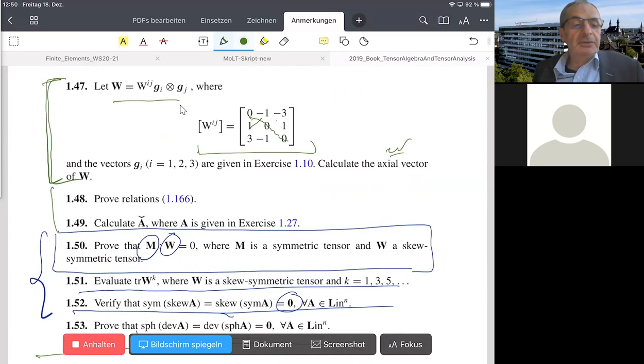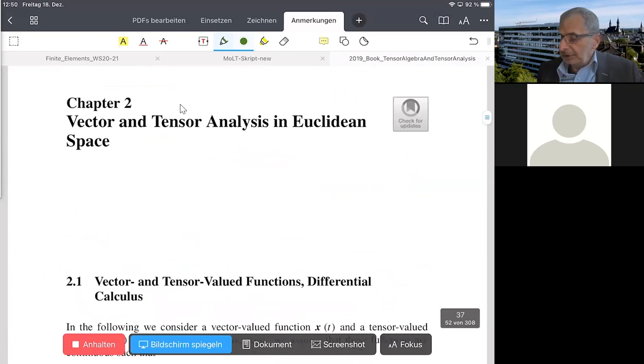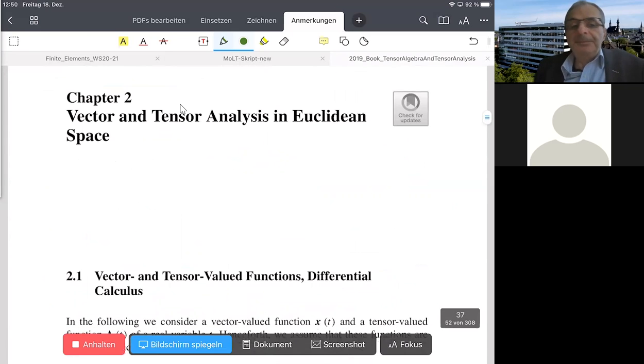So all the exercises in this chapter 1 should be completed. And today we start with the next topic, chapter 2, vector and tensor analysis in Euclidean space.